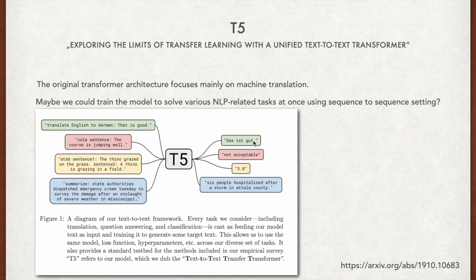If we want to perform classification to determine, for example, whether a given sentence is correct or not, we can use the following prompt to obtain a class telling us whether a given sentence is acceptable or not. Note that here the classification is solved by producing a sequence representing the label of the class.